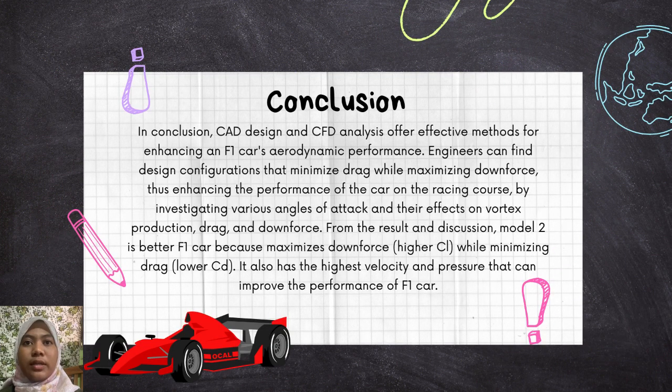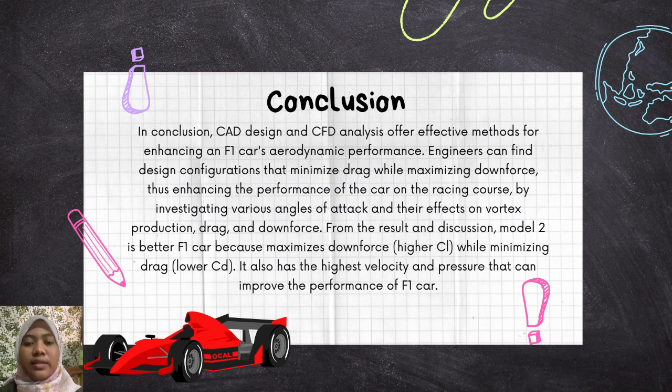In conclusion, CAD design and CFD analysis offer an effective method for enhancing the F1 car's aerodynamic performance. Engineers can find design configurations that minimize drag while maximizing downforce, thus enhancing the performance of the car on the racing course by investigating various angles of attack and their effect on vortex production, drag and downforce.